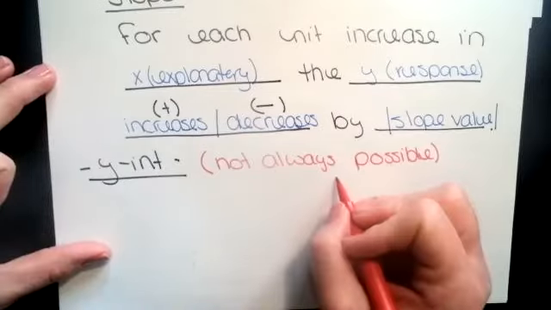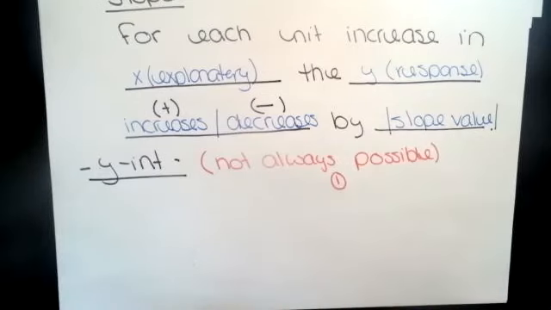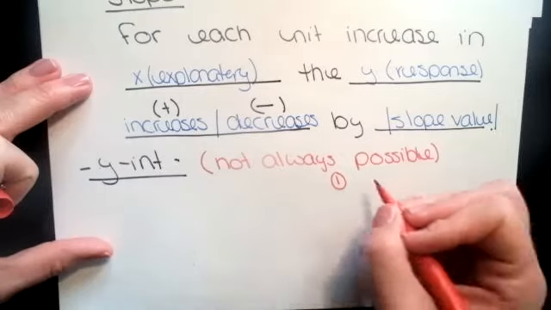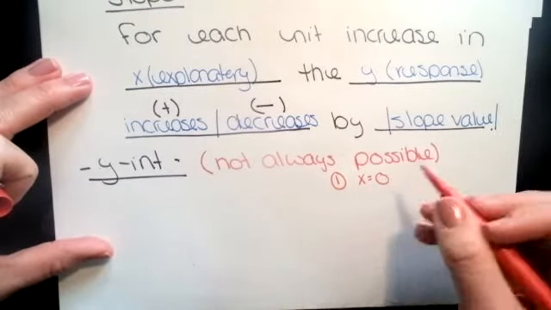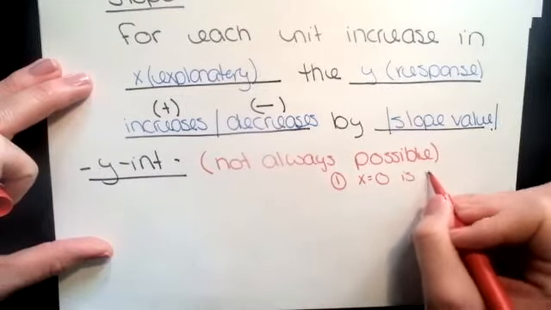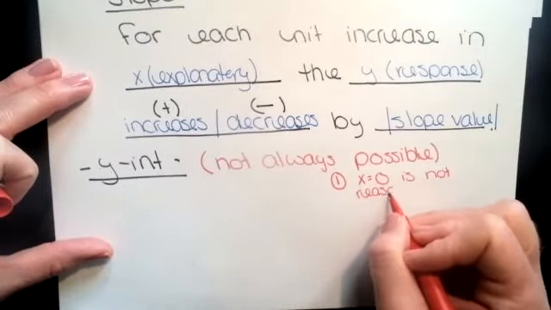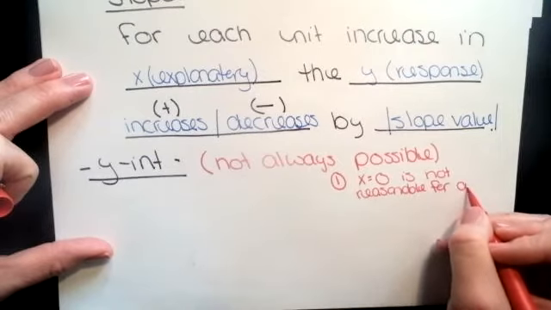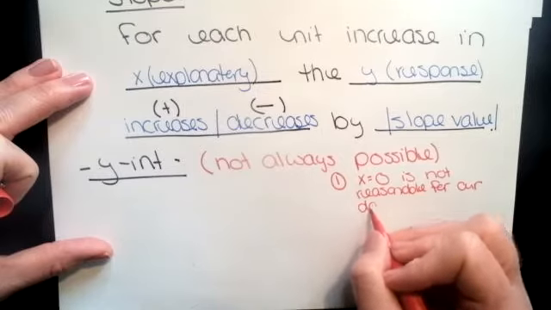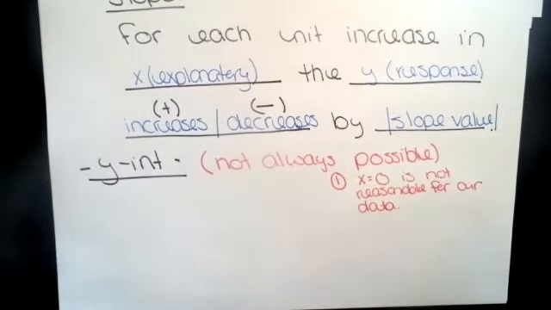The first scenario when it's not possible is when x equals 0 is not reasonable for our data. So if you're talking about x being 0, it needs to be reasonable for our data.